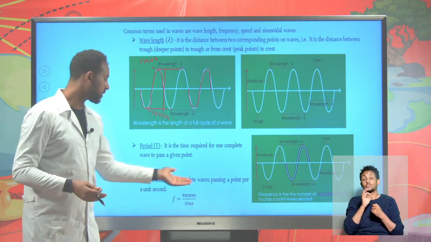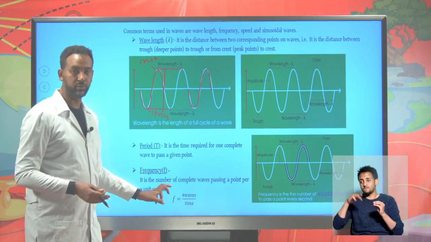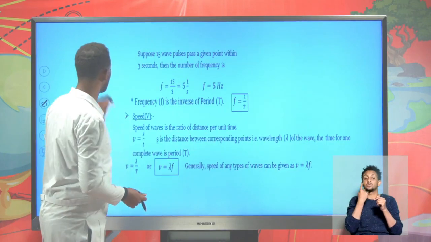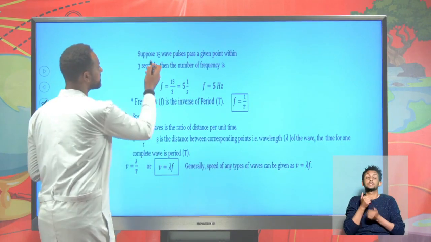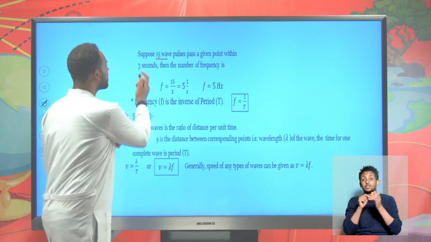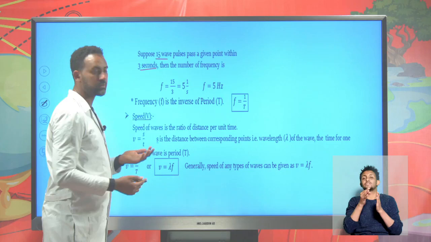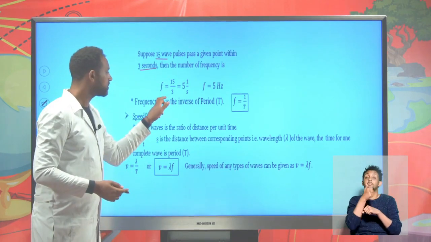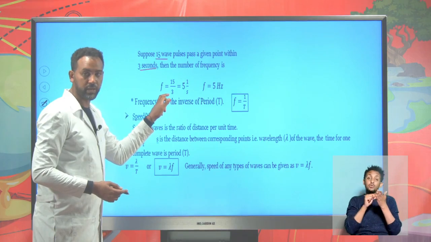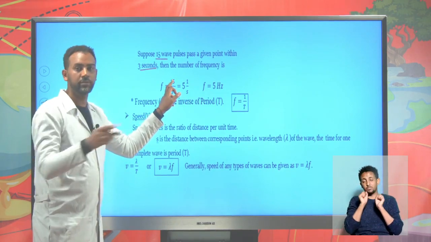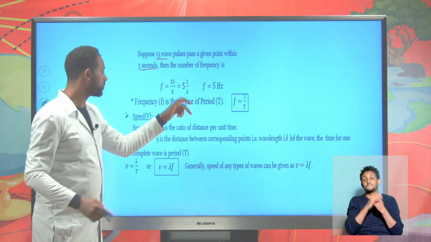So frequency is the number of complete waves passing a given point of observation per unit time. Suppose here 15 waves are passing a given point within 3 seconds. So what is the frequency? Well, 15 waves are passing a given point within 3 seconds, so within 1 second it's possible to have 5 waves. This is what it says.